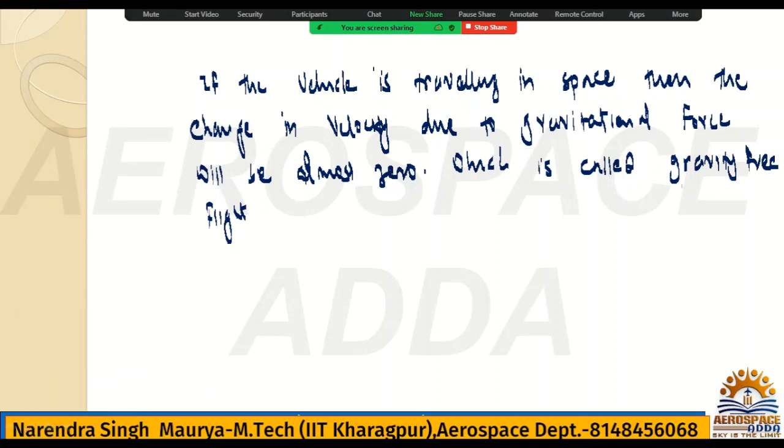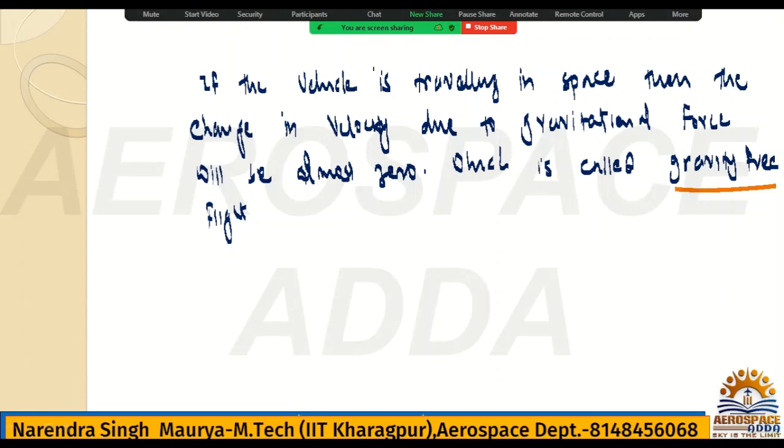So what is the meaning of gravity free flight? If there is no change in velocity of the rocket due to gravitational force, then that type of flight operation is called gravity free flight. Hope it is clear to you.